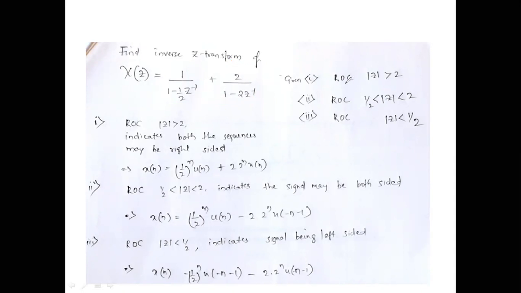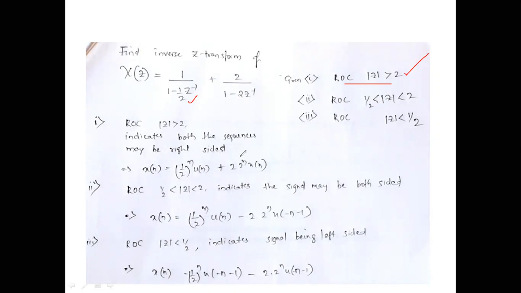So in the first case, they have straight away mentioned that ROC is greater than 2. Okay, you can see for this particular thing, my ROC here can be greater than 1 by 2 if it is right sided, less than 1 by 2 if it is left sided, right? But since here magnitude is greater than, we studied the properties of ROC, right?